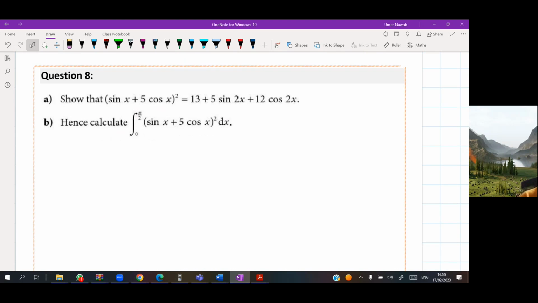Now, question number 8. Show that the left hand side equals this right hand side. Let's try. A part: sine x plus 5 cosine of x whole squared.